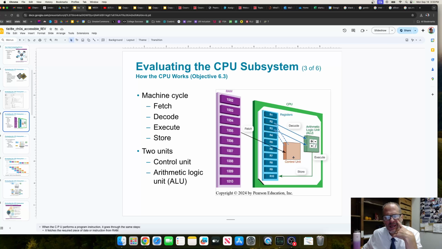So those are different aspects of the CPU. And again, we talked about this pretty in depth in a previous lecture where we saw that diagram of computer remembering. So that's a little bit about the CPU.